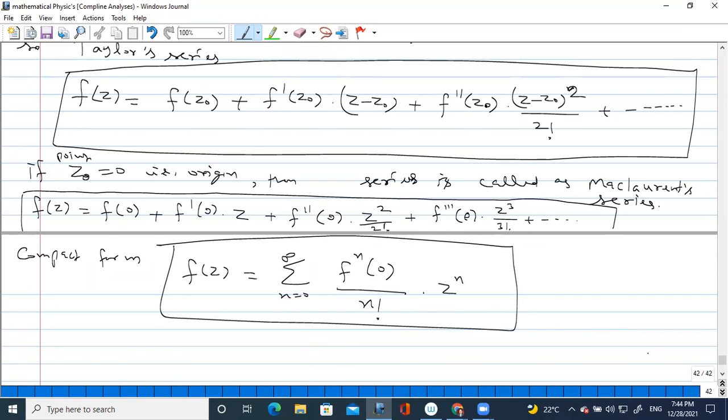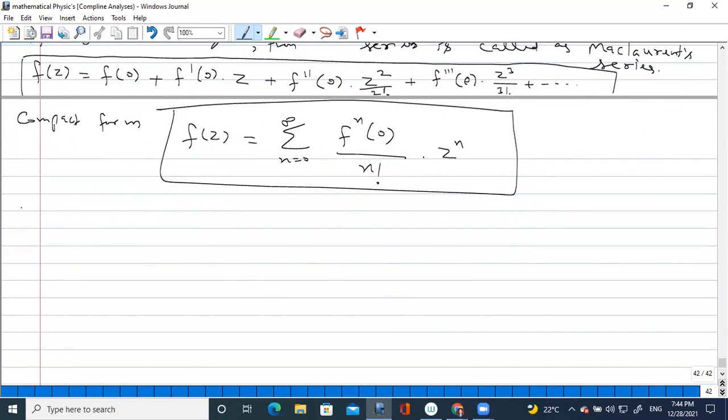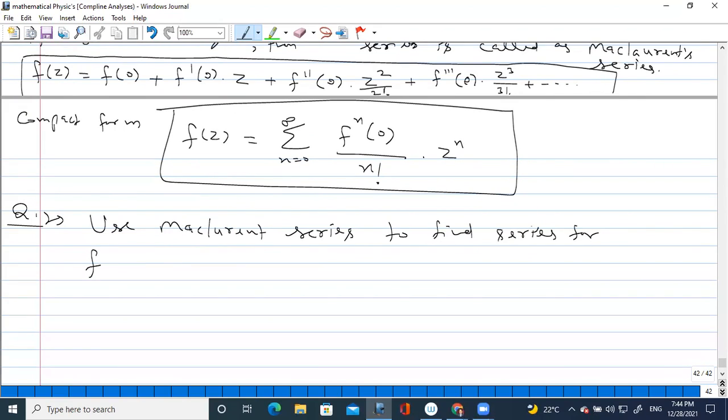Now there was one more question. To get so many series, now we can use the Maclaurin series directly. Use the Maclaurin series to find the series for f(z) equal to ln(1 plus z) about z0 equal to 0 point, meaning about the origin also they can say.